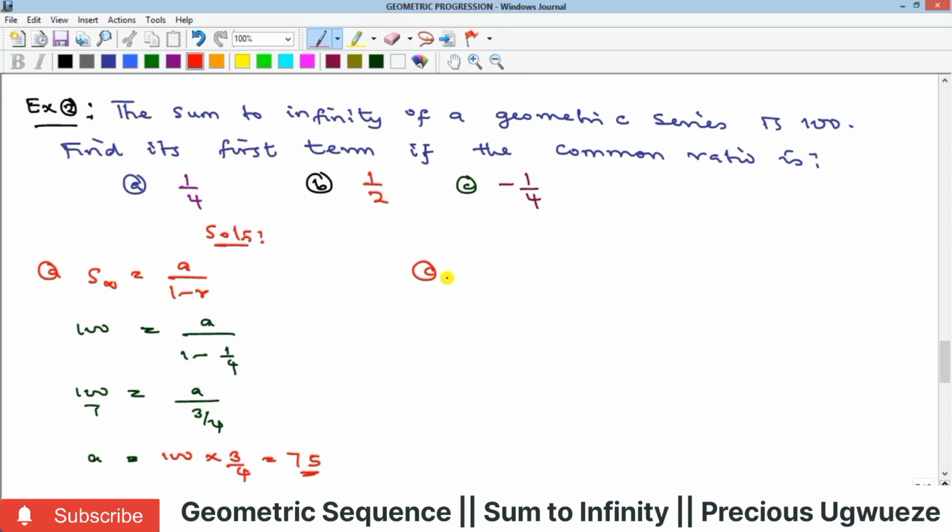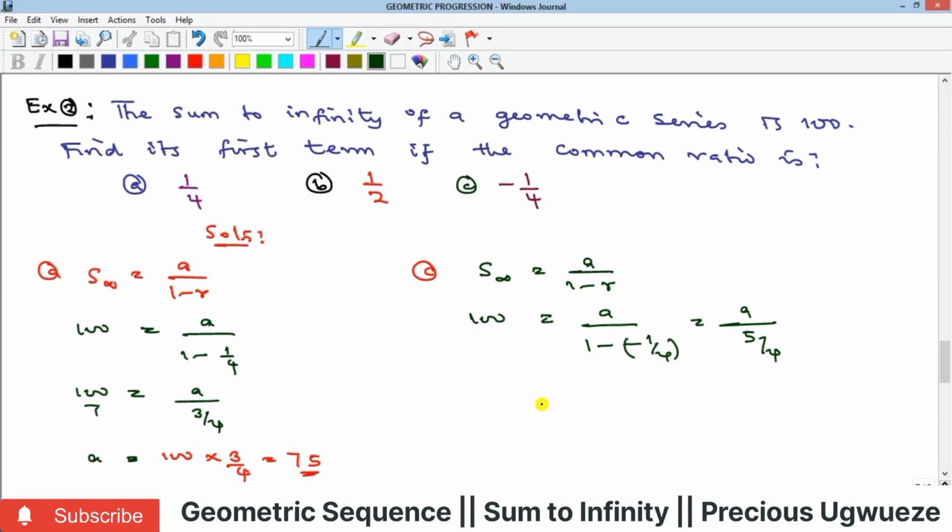Okay, and we can take the C part. The C part says we should do the same if our R is minus 1 over 4. And so 100 is still our S infinity, and we have A all over 1 minus minus 1 over 4. That's going to give us A all over 1 plus 1 over 4, which will be 5 over 4.